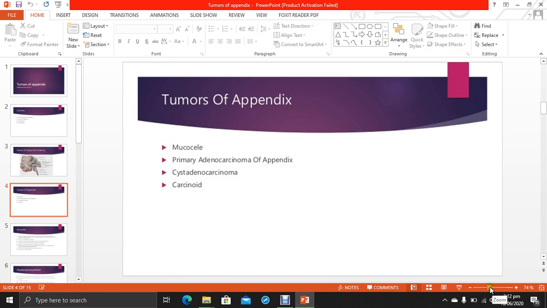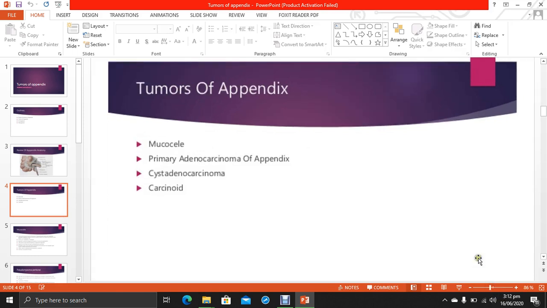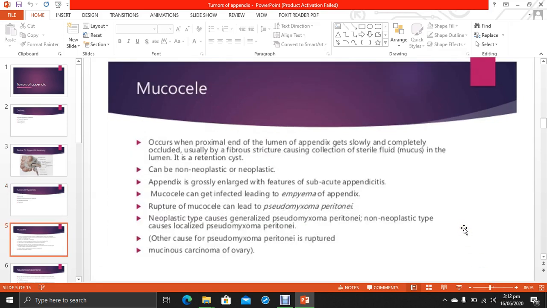What is mucocele actually? Mucocele occurs when the proximal end of the lumen of the appendix, proximal meaning the base of the appendix, gets slowly and completely occluded, usually by a fibrous stricture, causing collection of sterile fluid.